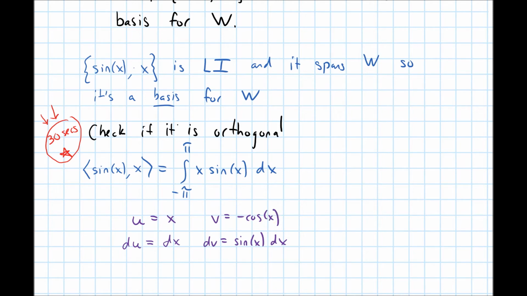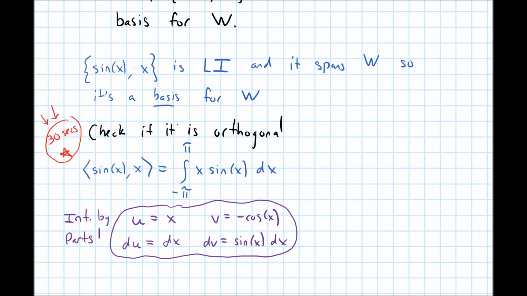Okay, so that's my integration by parts setup. We use it really often when we have something like a polynomial term, like x, multiplying a trig function like this, or multiplying an exponential function. It's not the only situation where we use it, but that's one situation.